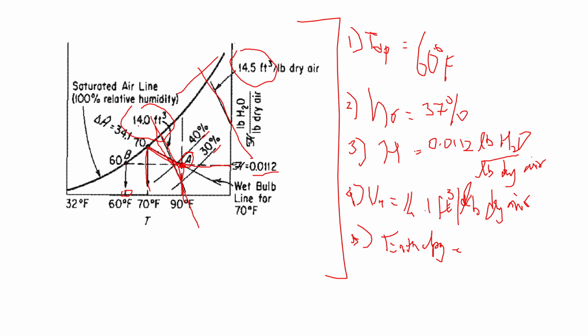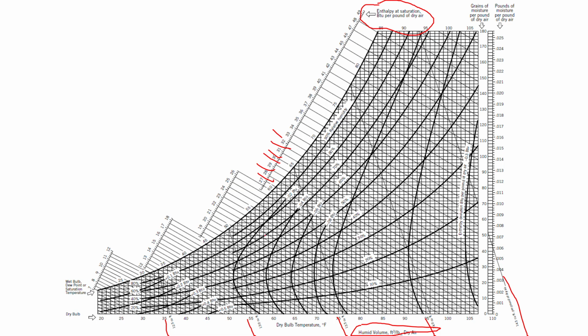With that, we will subtract the enthalpy deviation value. The enthalpy deviation value we will get from these curves that are given here. The point 90 and 70 will lie somewhere around here, and this point will lie between this curve and this curve. So the deviation from this curve will first be calculated.